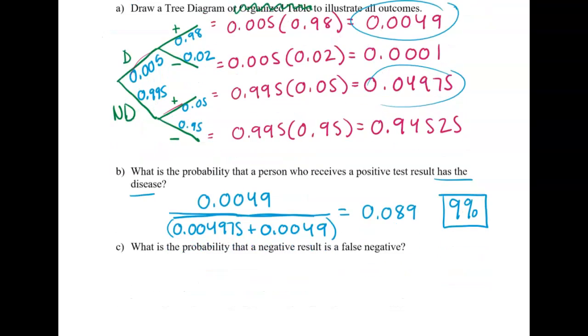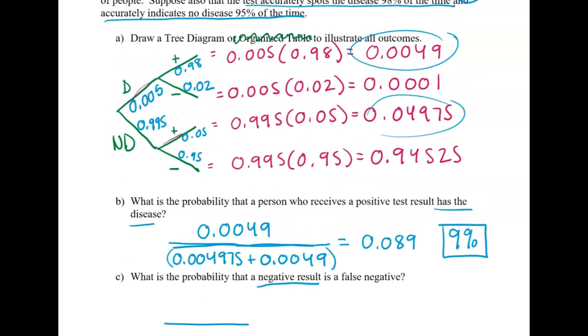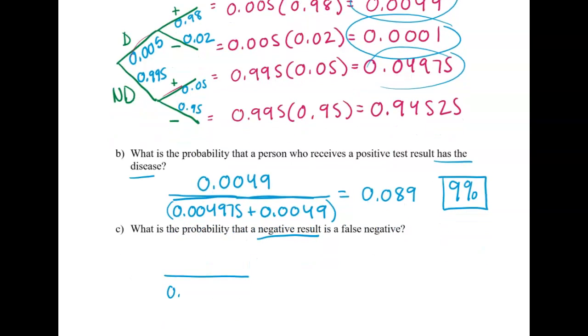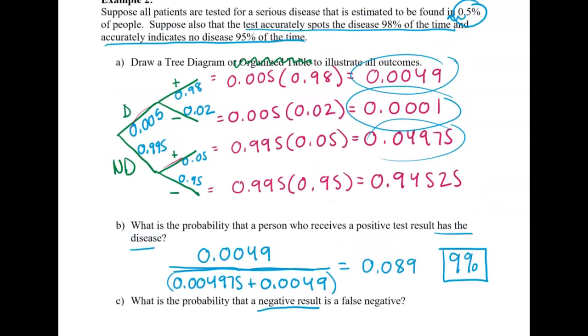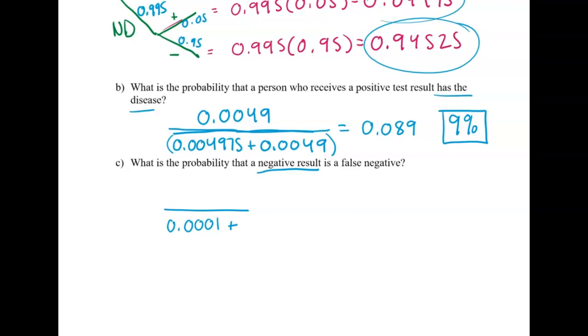What's the probability that a negative result is a false negative? So now we're looking at all the negative results. All the negative results are disease and negative result, so 0.0001, plus the negative results where you don't have the disease, which is 0.94525.